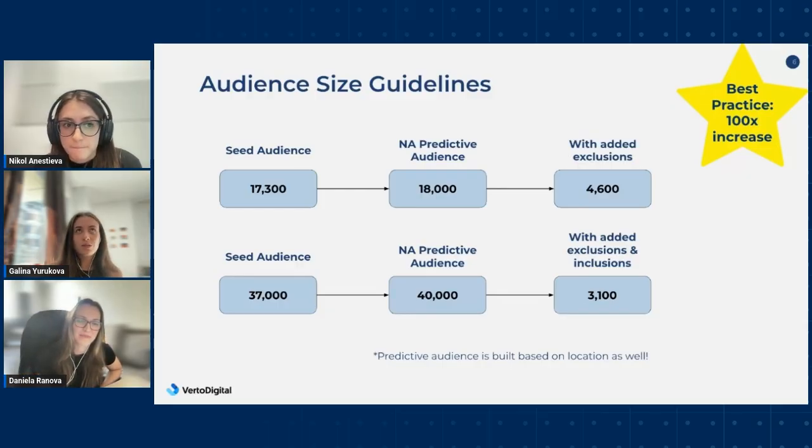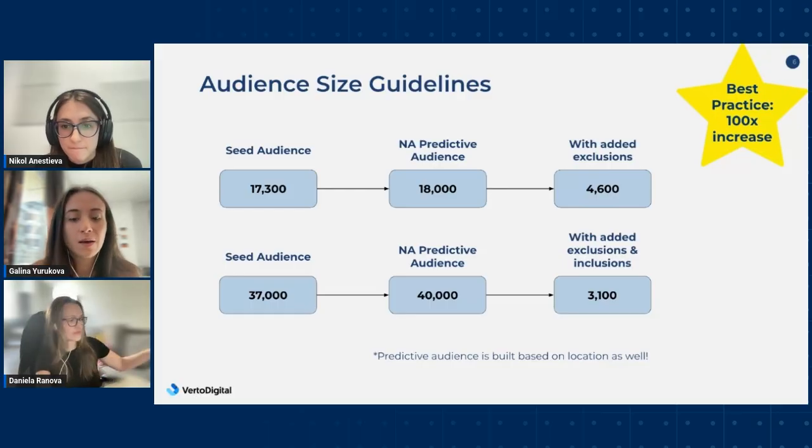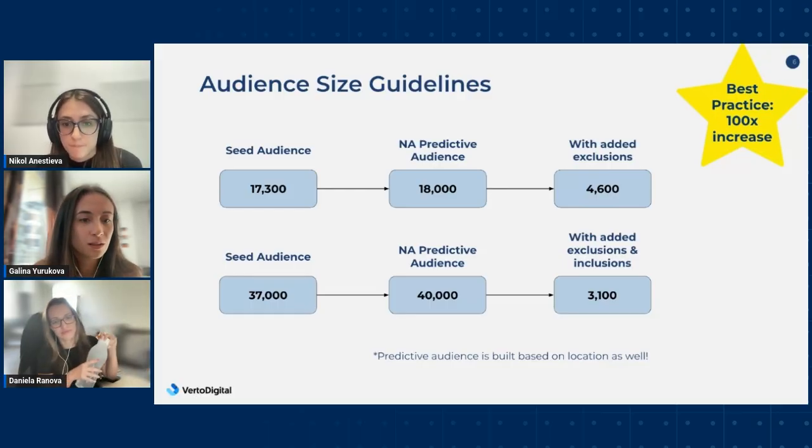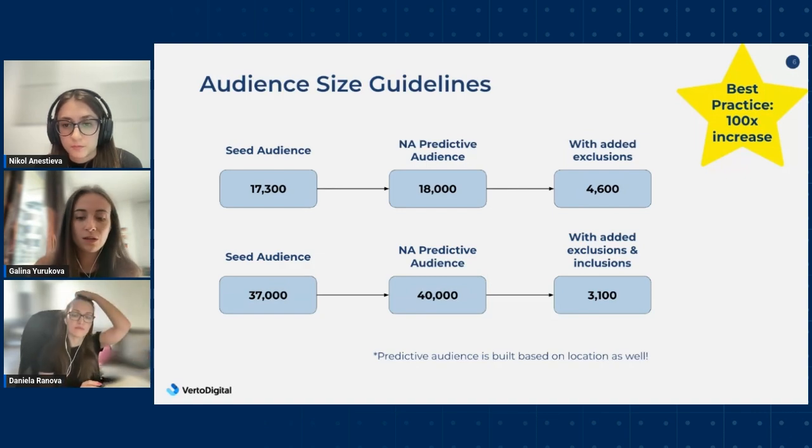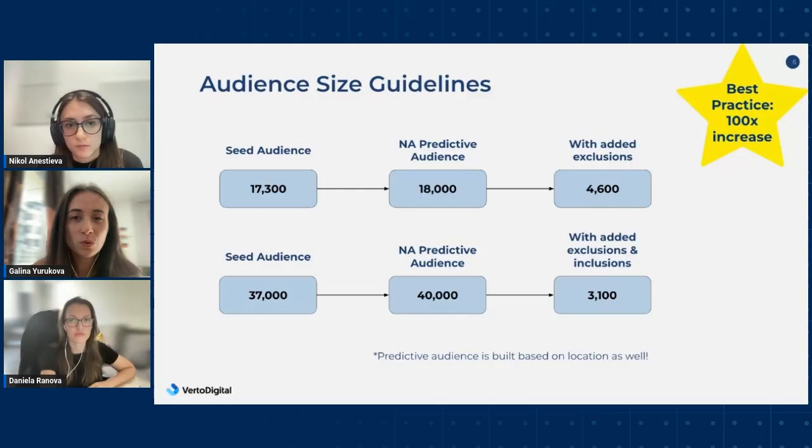What we're showing here is how we approached the audience size to begin with, Danny, with our first account when we tested predictive audiences. Afterwards, we've expanded a little bit. So I think currently in this account, which we're showing data for, we've increased that up to 60 times.